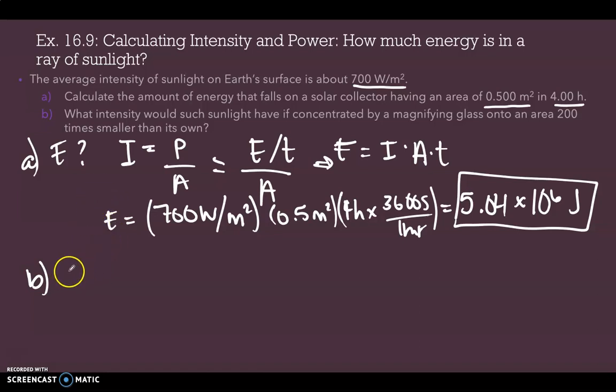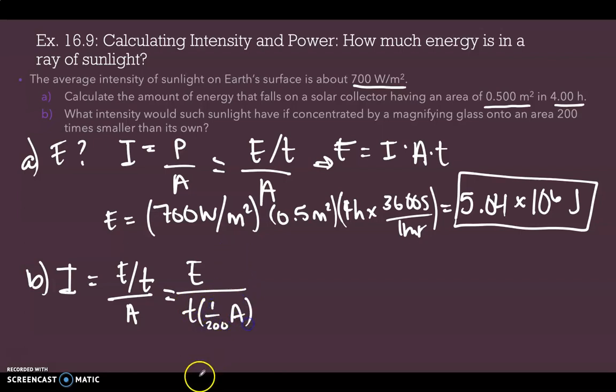So we have I equals E over T over A. And we're saying the area is 200 times smaller, so it would be T times 1 divided by 200 times A.